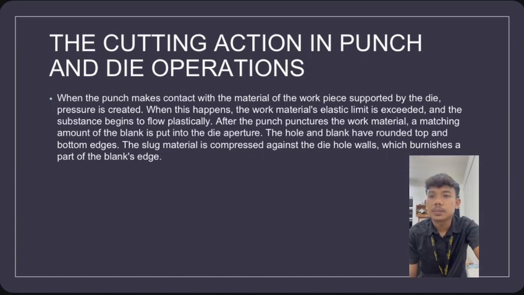After the punch penetrates the work material, a matching amount of the blank is pushed into the die aperture. The hole and blank have rounded top and bottom edges. The slug material is compressed against the die hole walls, which burnish a part of the blank edge.